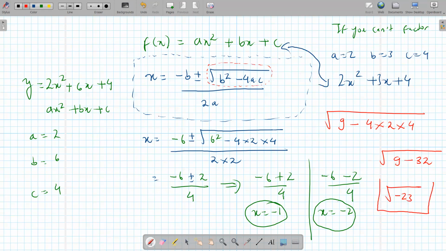What's the square root of negative 23? Any ideas? Square root of negative 23.